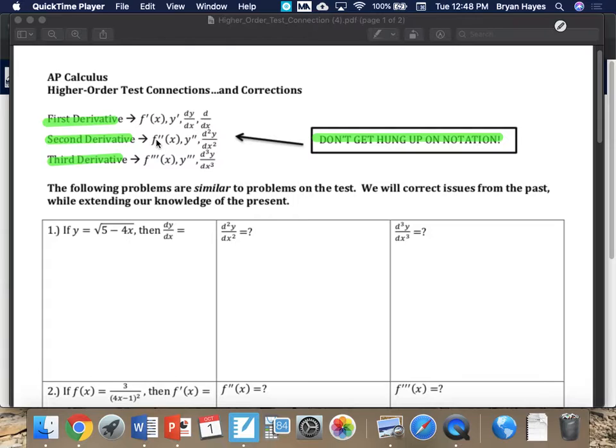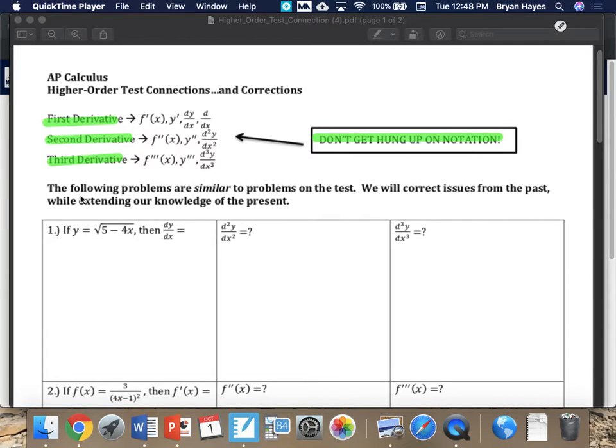For our second derivative, we would call this f double prime of x, or y double prime, or the second derivative of y with respect to x. And same thing for our third derivative: f triple prime of x, y triple prime, or the third derivative of y with respect to x. So this is different notation we can use to represent that we're finding higher order derivatives.